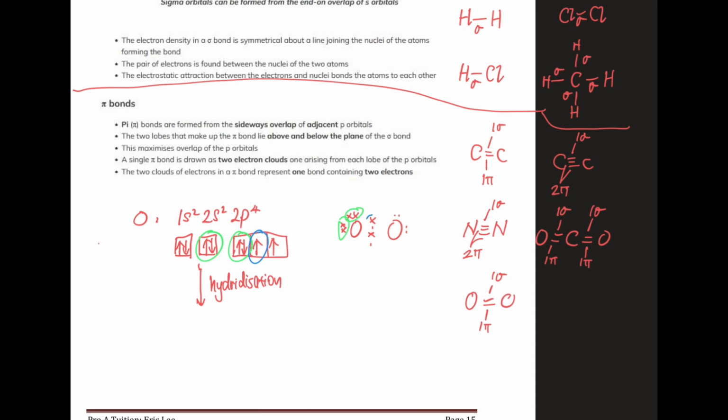This one forms the sigma bond, and this one forms the pi bond. Now lone pair and sigma bond will hybridize. Pi bond doesn't hybridize.